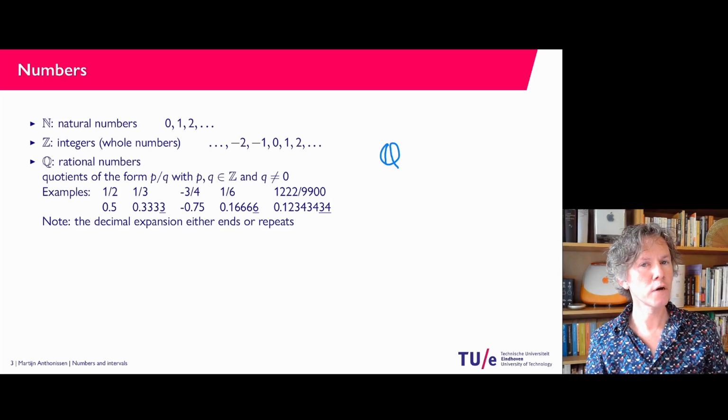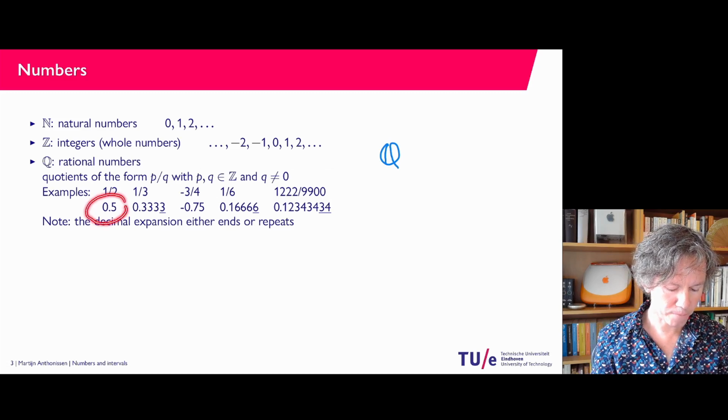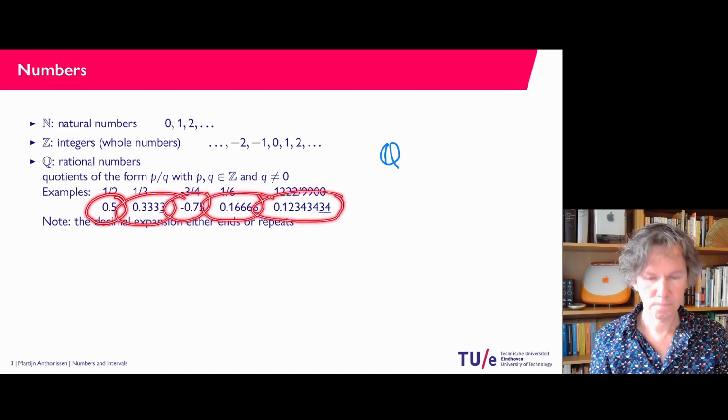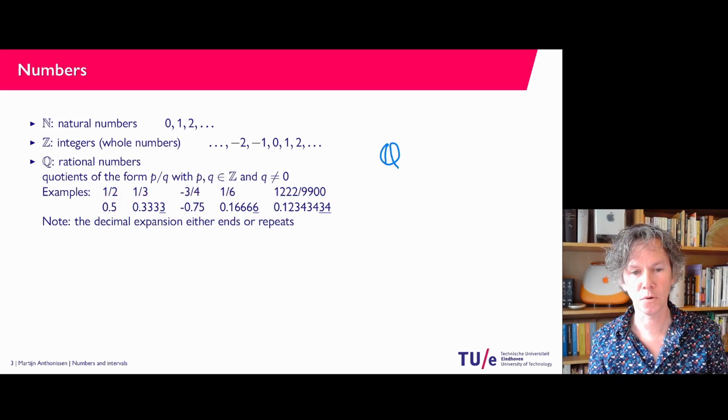What is interesting, if you look at the decimal expansion, so if you punch them in on a calculator or your computer, whatever, you see that this decimal representation for at least the examples that I have here, they all terminate. Like here, it's 0.5 and the rest are zeros. And here, minus 0.75 and then we get zeros.